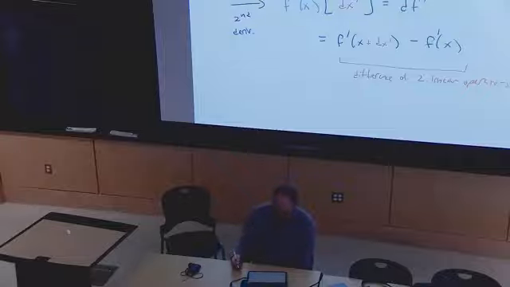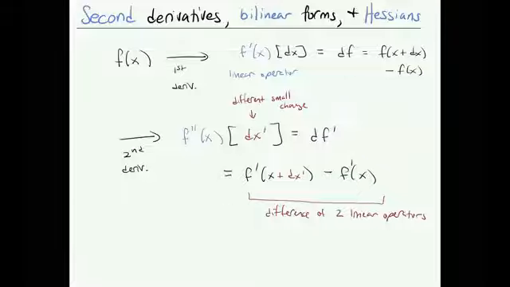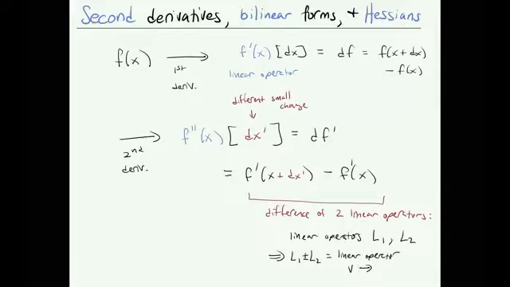So if we have linear operators L1 and L2, then what we mean by their addition, L1 plus L2, or minus, is the linear operator that takes a vector v and gives you L1 of v plus L2 of v.